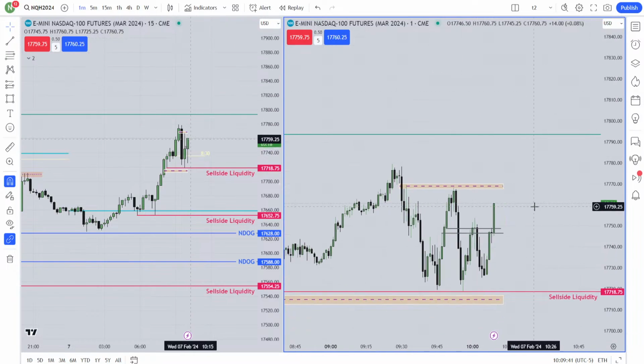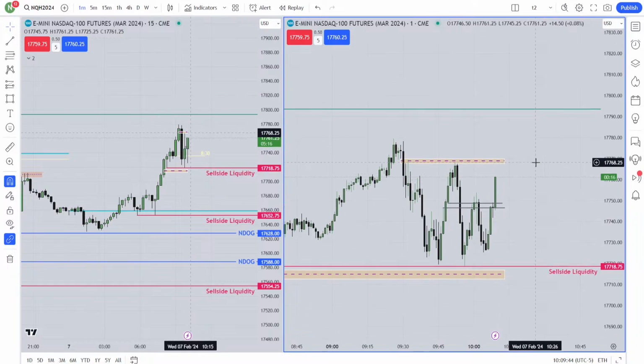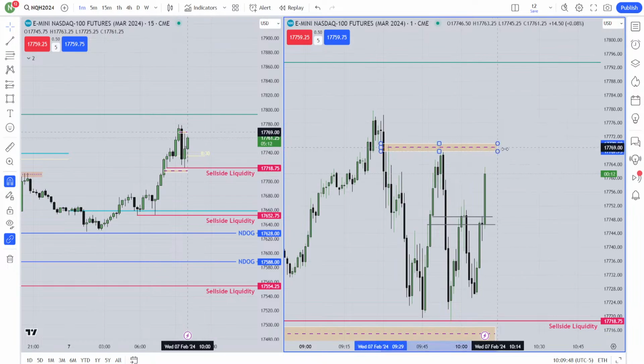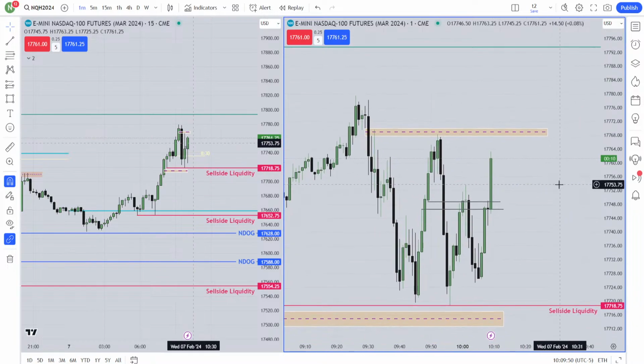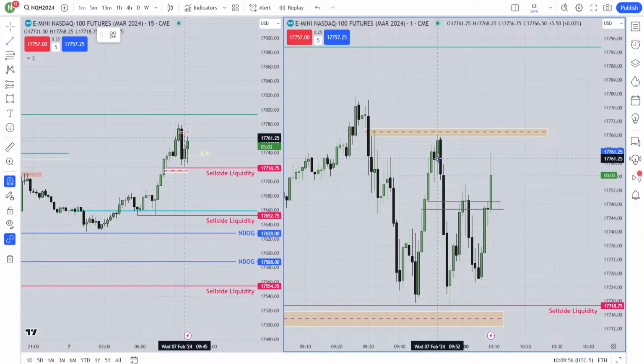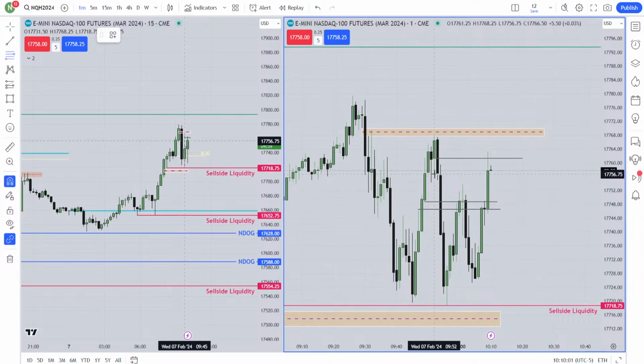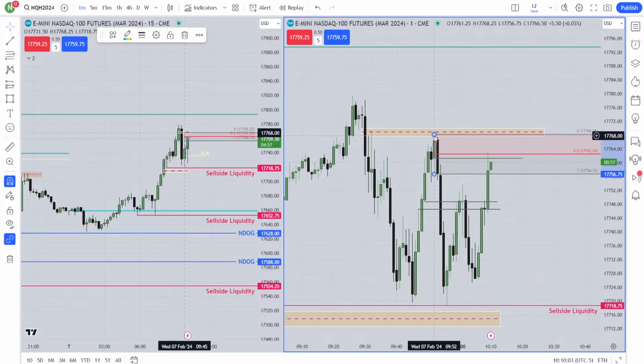Maybe I will just use standard deviation to take partial and to close my trade. Right now price is over here, just traded that. Now here is your order block. This is your order block, and this is the mean threshold of that order block.